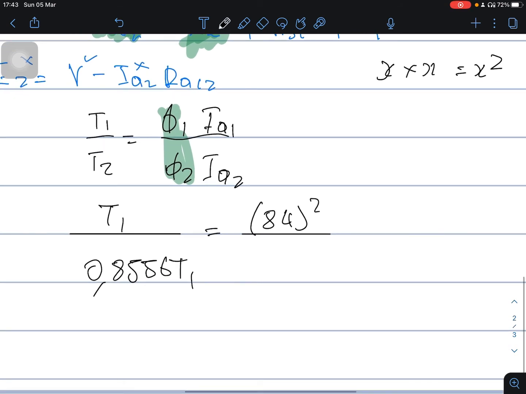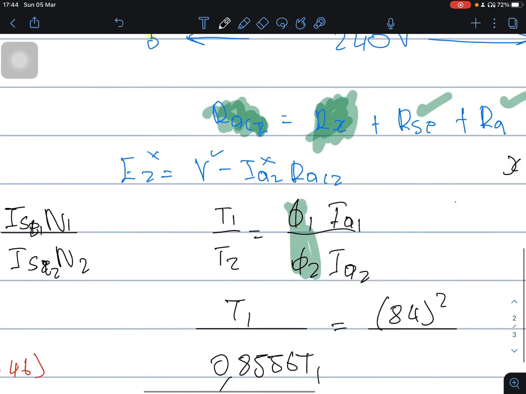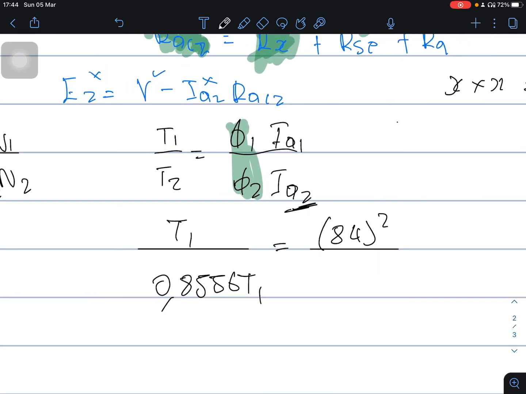Remember, let's go back. For the second circuit, I series 2 and I armature 2 are equal, so in place of them we put I series 2 squared, because they are the same, by product.